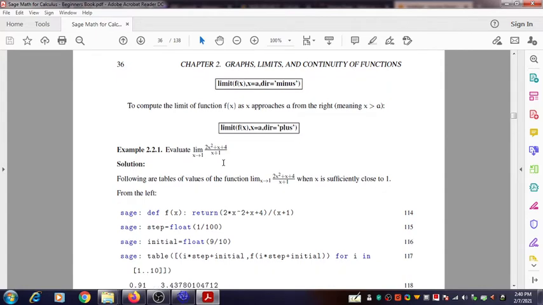And now we are going to see some examples to evaluate the limit of the given functions. See, this is the first example. Here it is asked to evaluate the limit of the function 2x square plus x plus 4 divided by the quantity x plus 1.